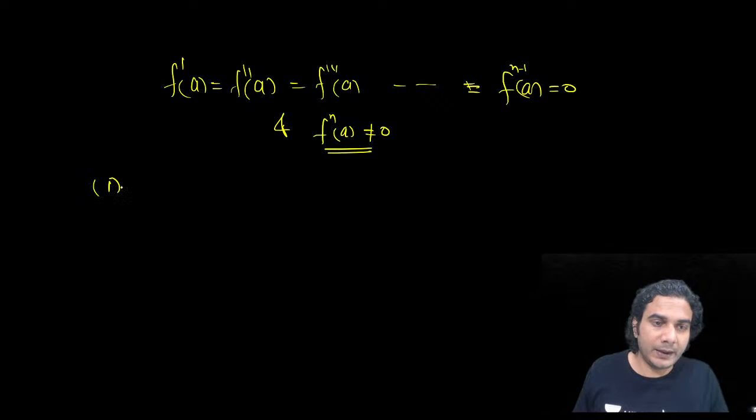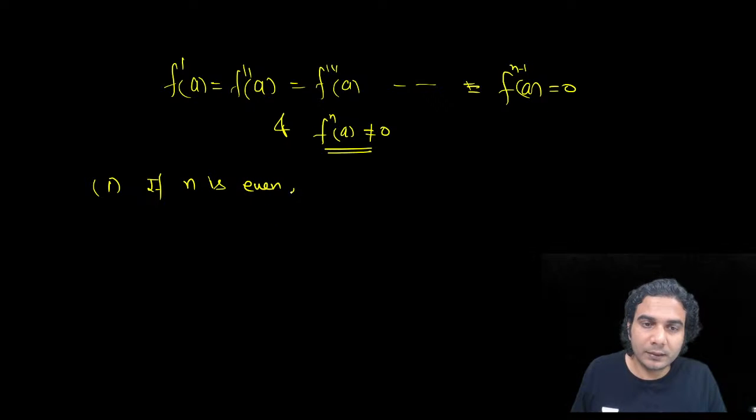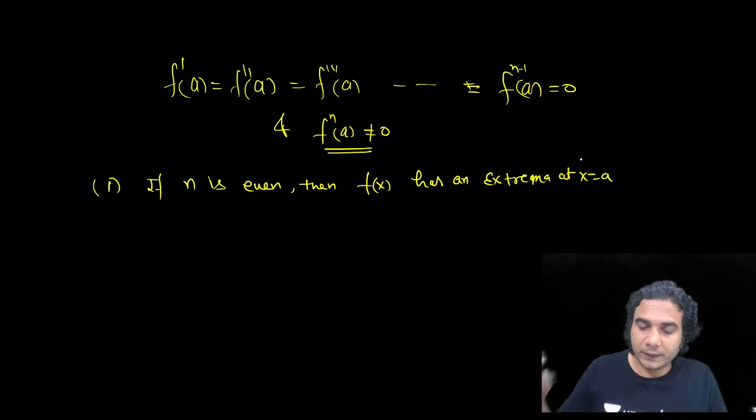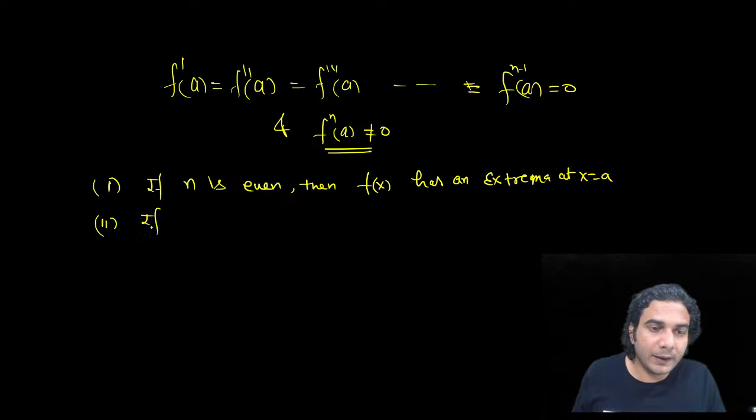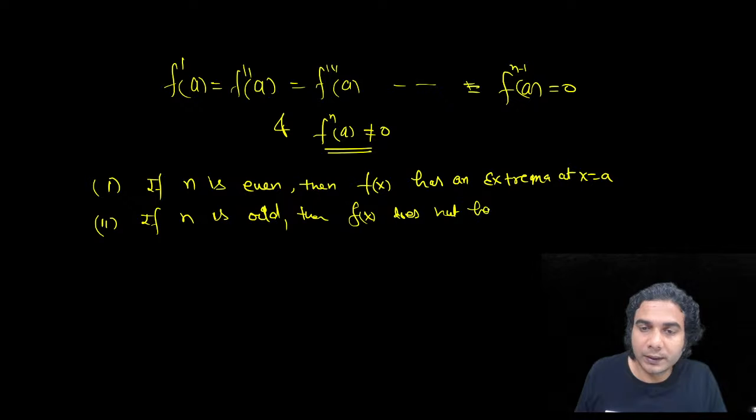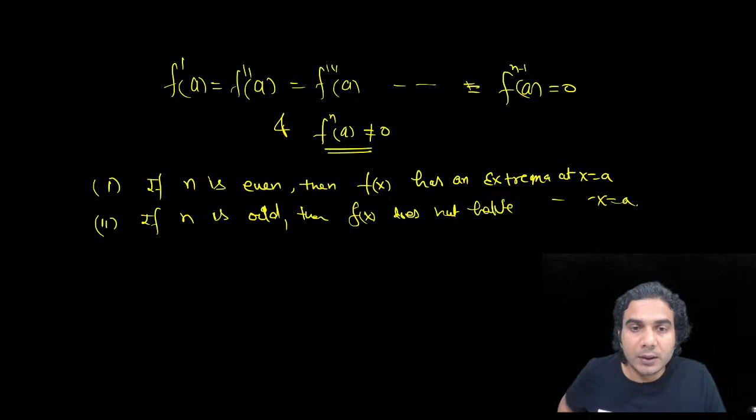Okay, now depending on the value of n, if n is even, then f(x) has an extrema at x equal to a. And second, if n is odd, then f(x) does not have an extrema at x equal to a. It may have a point of inflection at x equal to a.